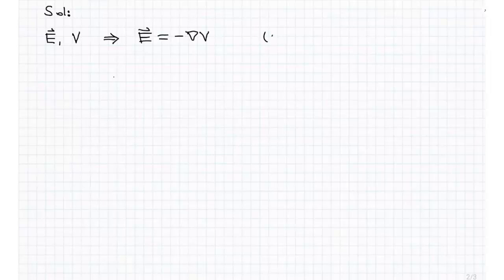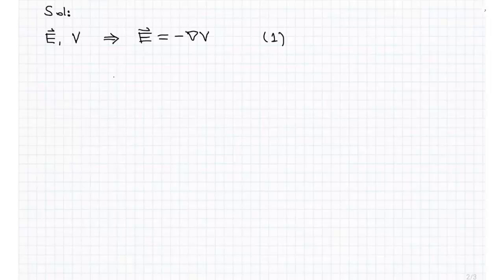For the solution of this problem, as a general rule, the relationship between the electric field and the potential V is given by the following expression: E is equal to minus the gradient of V. In this case, the field due to the wire clearly has cylindrical symmetry, and we will see that in a little bit, but for now we can assume that the field is cylindrical.